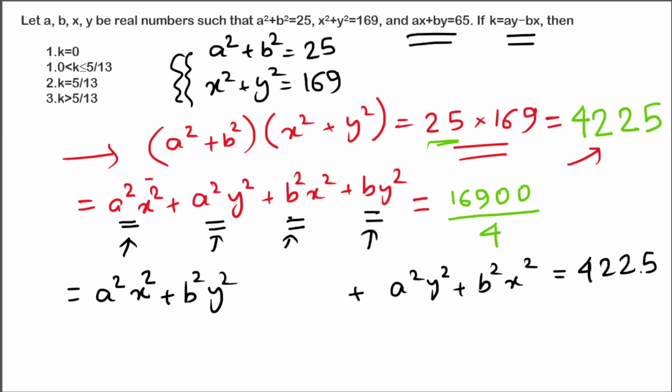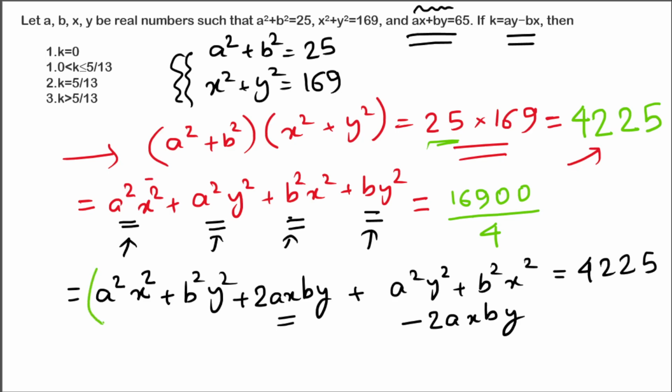Now in order to transform this whole thing into some semblance of this term, we have to add the 2axby term, right? But 2axby we cannot add directly. We have to subtract it as well, right? So 2axby, right? But this is something magical, right?